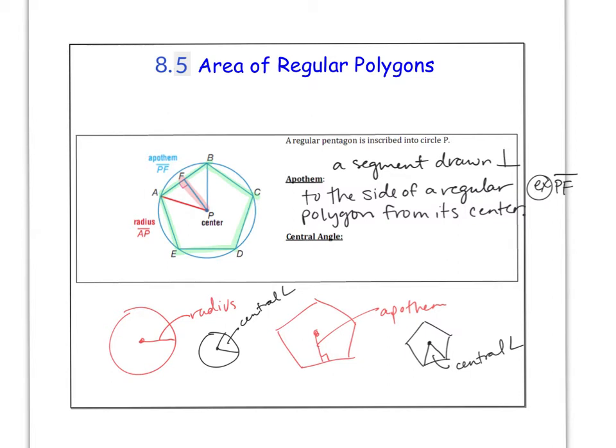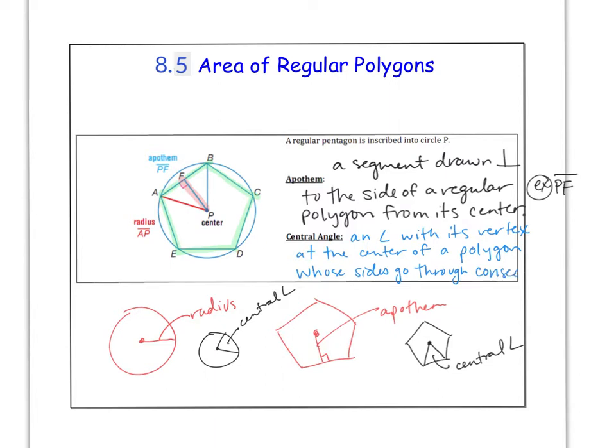Let's write down the definition. The definition is an angle with its vertex, that's like the corner, right? An angle with its vertex at the center of a polygon whose sides go through consecutive vertices.